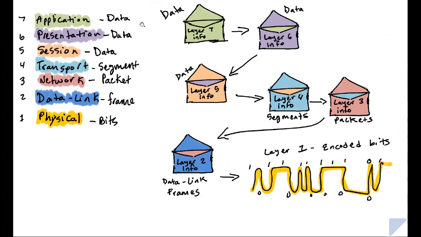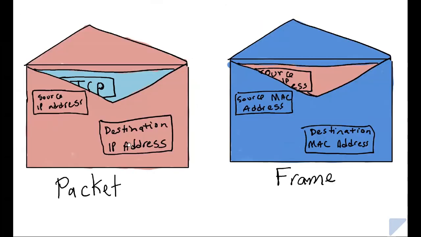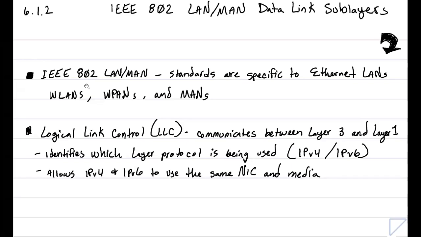The top 3 layers are going to call it data, then segment on layer 4, packet on layer 3, and frame on layer 2, and bits at layer 1, where everything is encoded into different signals that are going to represent 1s and 0s. Okay, and here I want you to look at the labels. Just remember that each layer is going to add its own labels or fields to the PDU as it's traveling through the device.